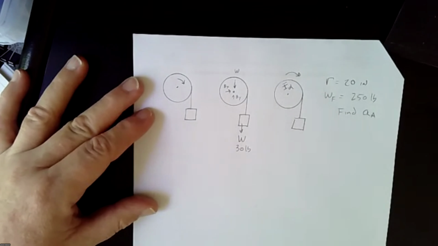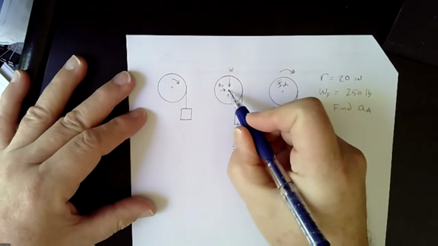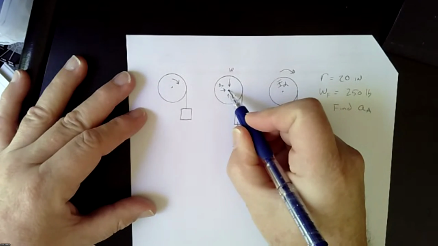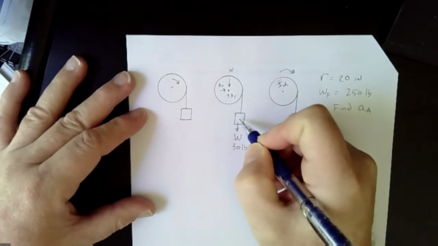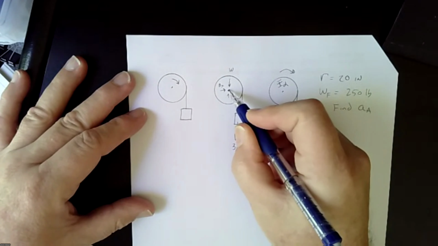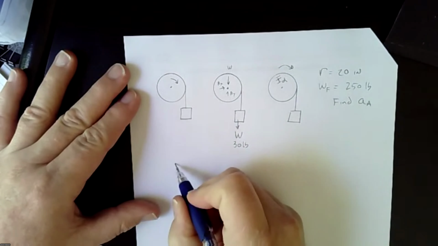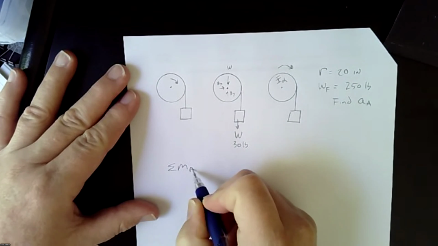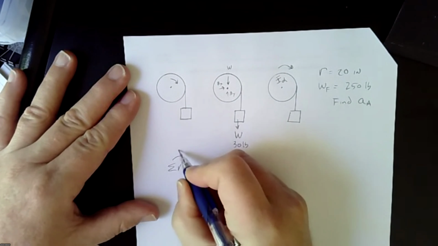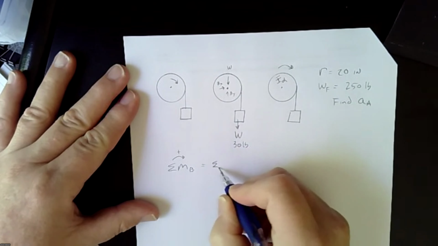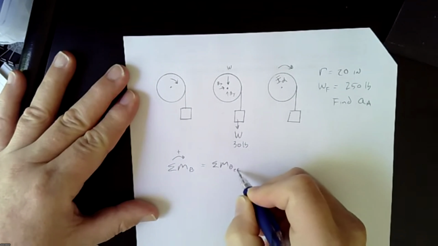So again, we're going to take the moment about B. Now, that's not the center of gravity because we have this weight out here. And even if it was, we still have an external weight attached. So the way to think about it is we're going to sum the moments about B, and we're going to make clockwise positive, equals the sum of the moments about B effective.